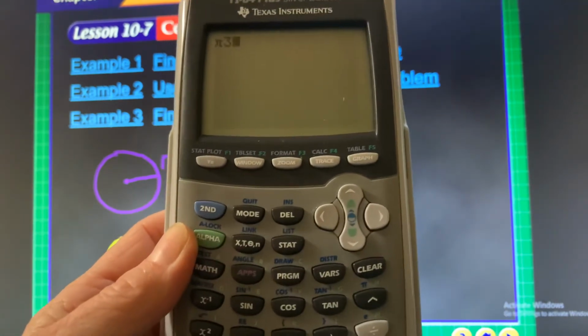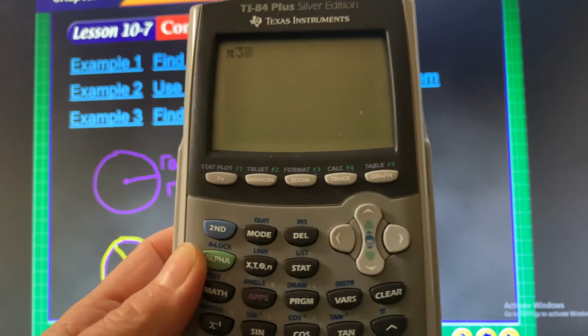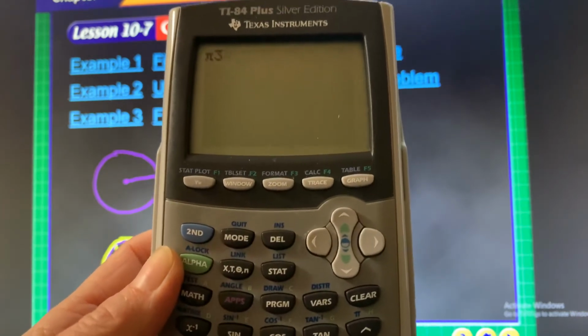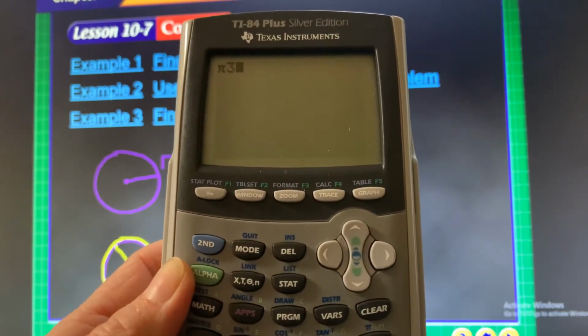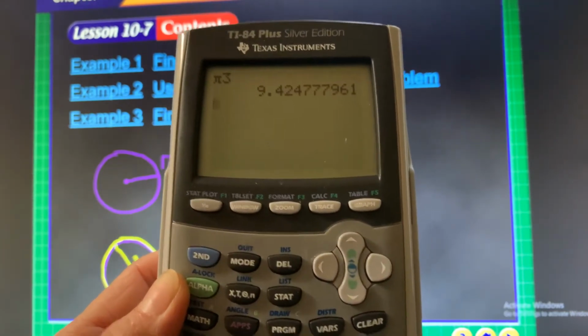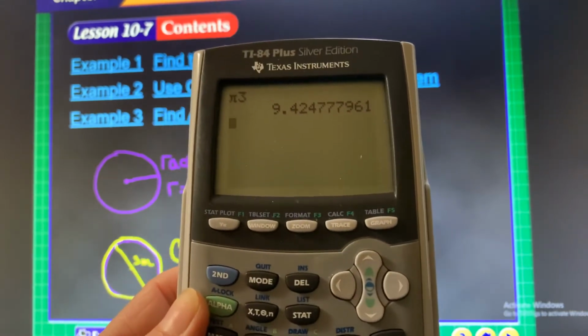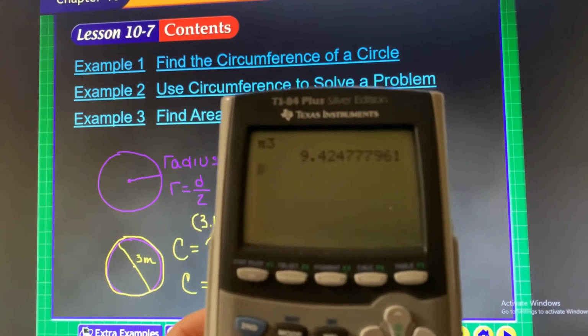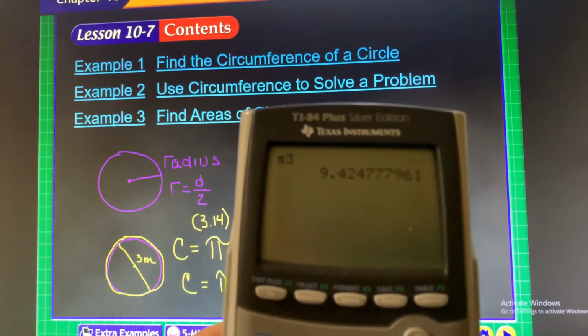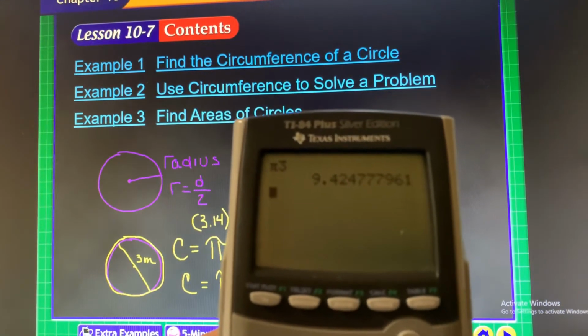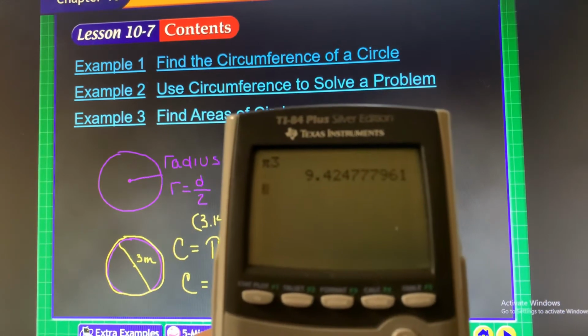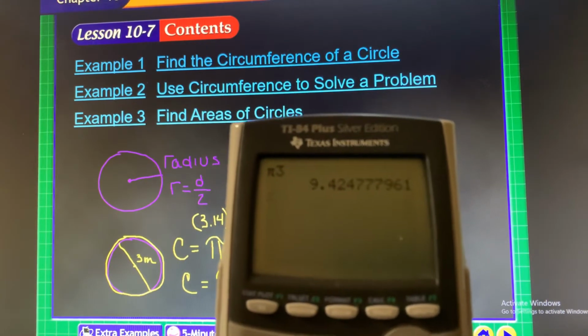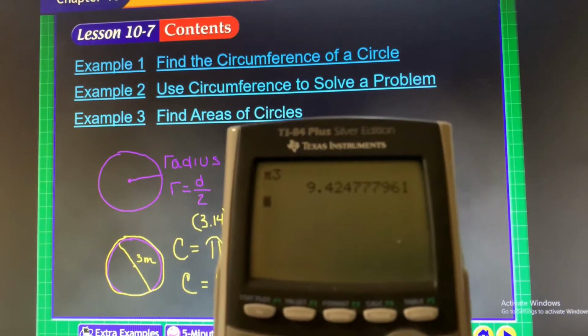You don't have to hit times 3 because you're using a symbol before the 3, so you don't have to use the multiplication key. And then you hit enter. It probably will tell you to round to the nearest 10th or the nearest 100th. If I said to you round to the nearest 100th, you would say your answer is 9.42 meters.